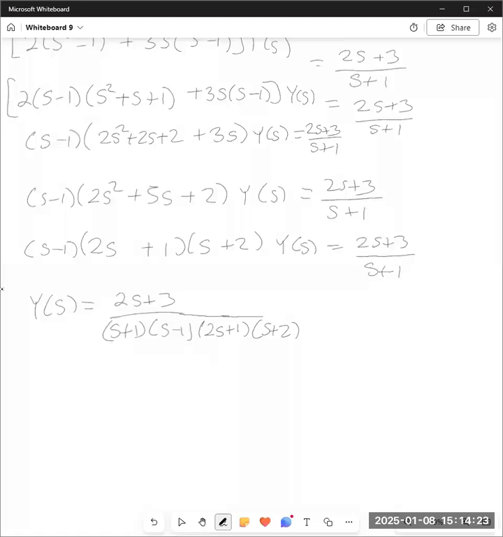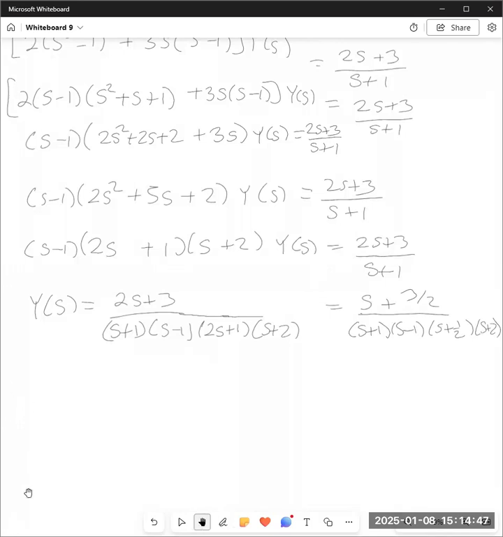So I'm going to multiply top and bottom by 1/2 and make this s plus 3/2 over s plus 1 times s minus 1 times s plus 1/2 times s plus 2.